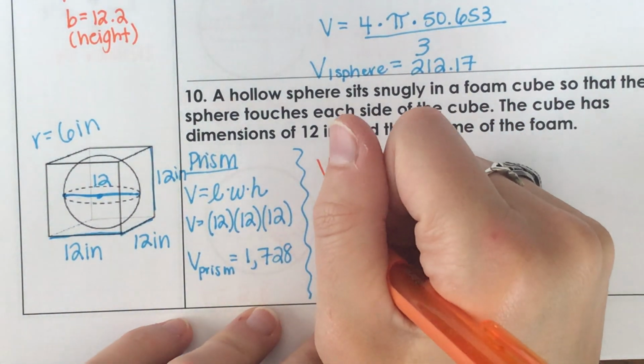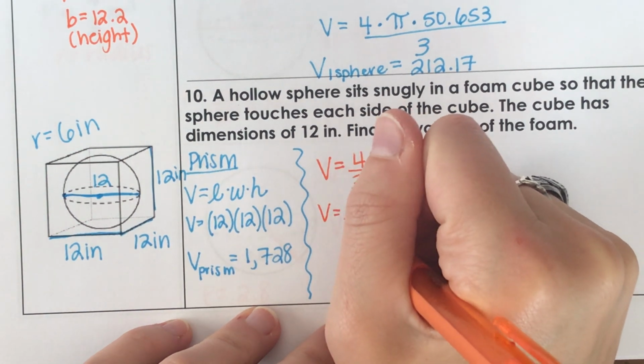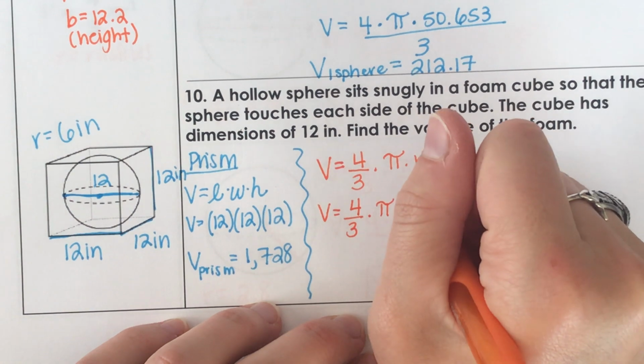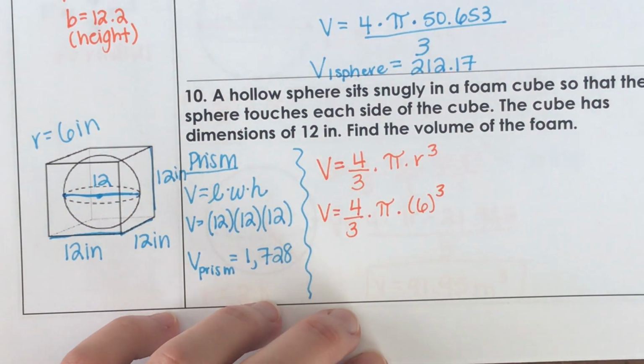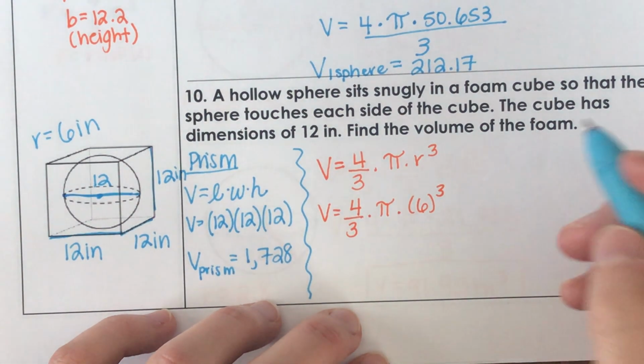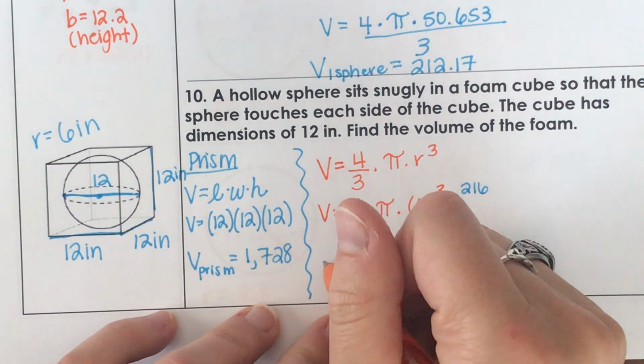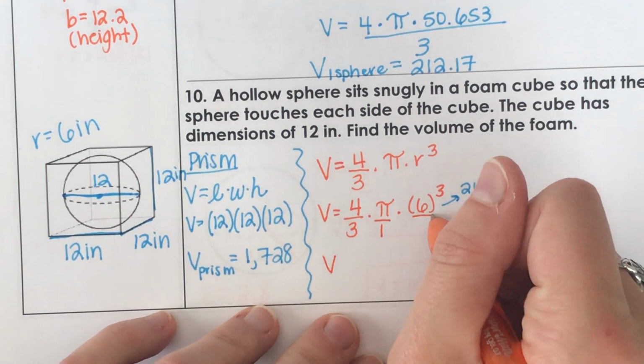So I've got volume equals 4/3 pi. My radius is 6. We're going to cube 6. So that means 6 times 6 times 6. I get this number right here. It's really 216. So I'm going to do everything on top times everything on the bottom.